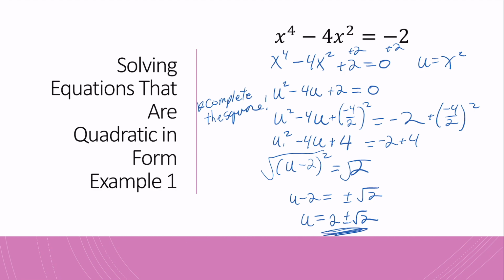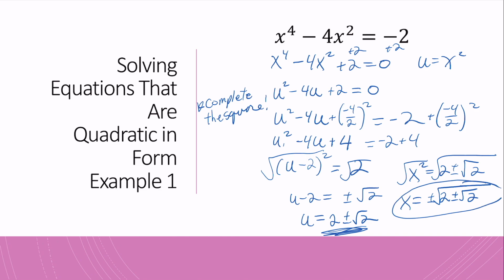Now I substitute this back in for my x squared. So I've got that x squared is 2 plus or minus the square root of 2. And so I've got to take the square root again. So I have x is plus or minus the square root of 2 plus or minus root 2, which is a very ugly answer. But it works.